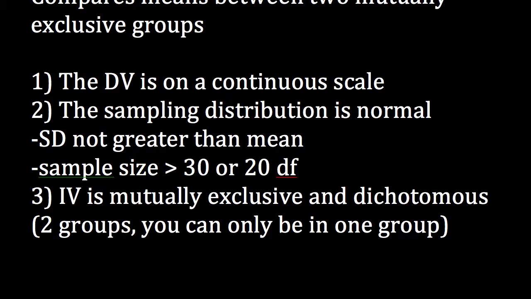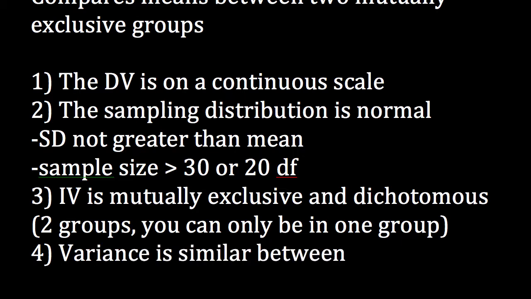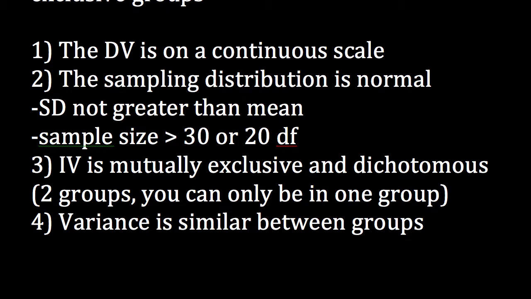Our fourth assumption is that variance is similar between groups. We can determine this by looking for the standard deviation, because variance isn't usually listed within the study results. So we'll need to find the standard deviation, and the variance is just the standard deviation squared.